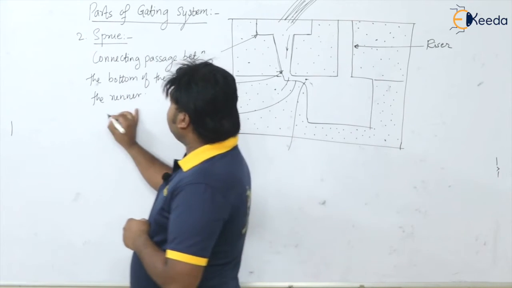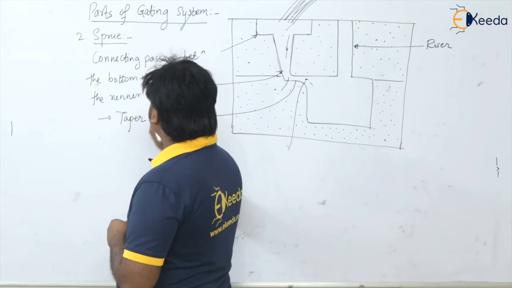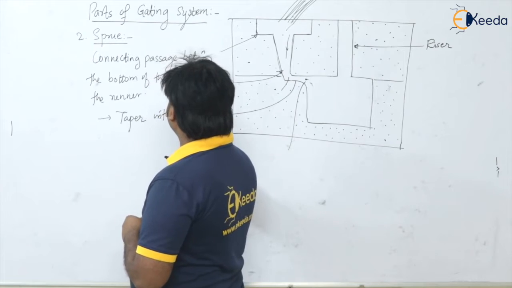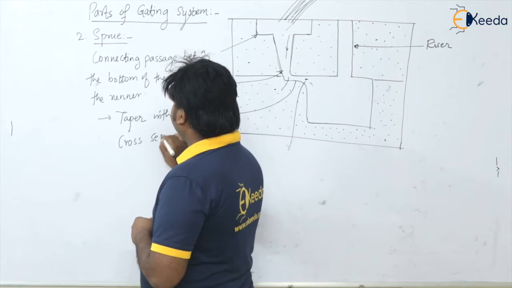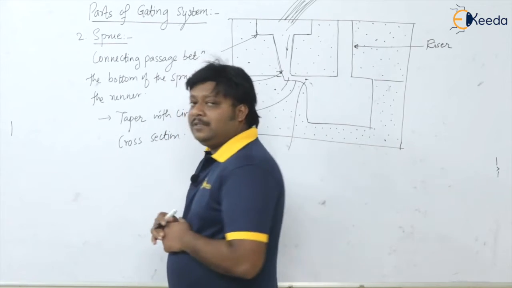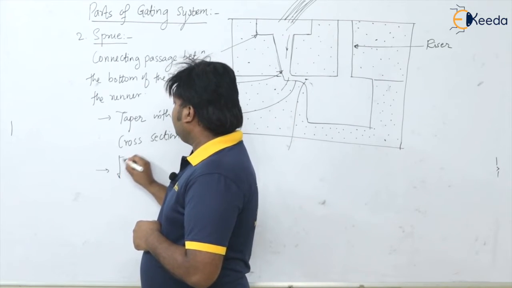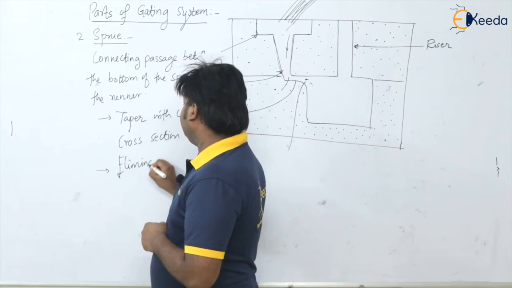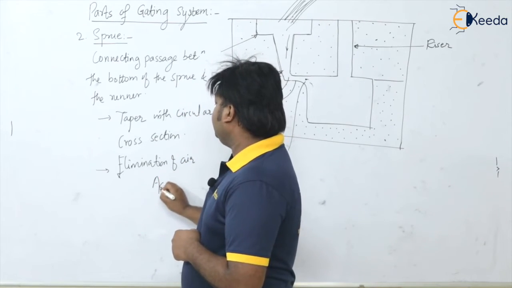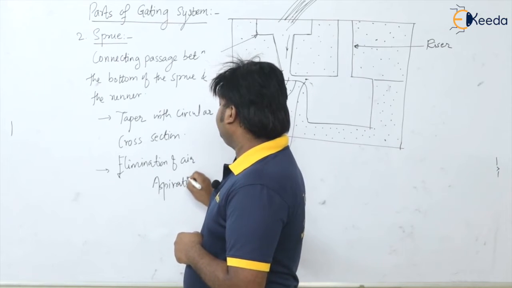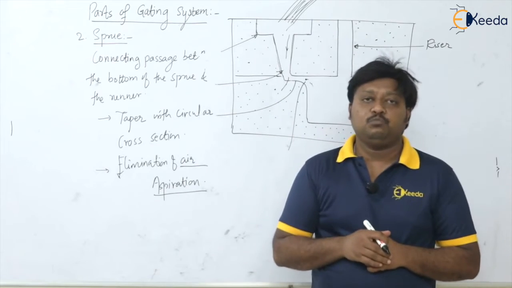It is generally tapered with circular cross section, and because of the taper, what will happen? The elimination of air aspiration. Okay, so this is known as a sprue.